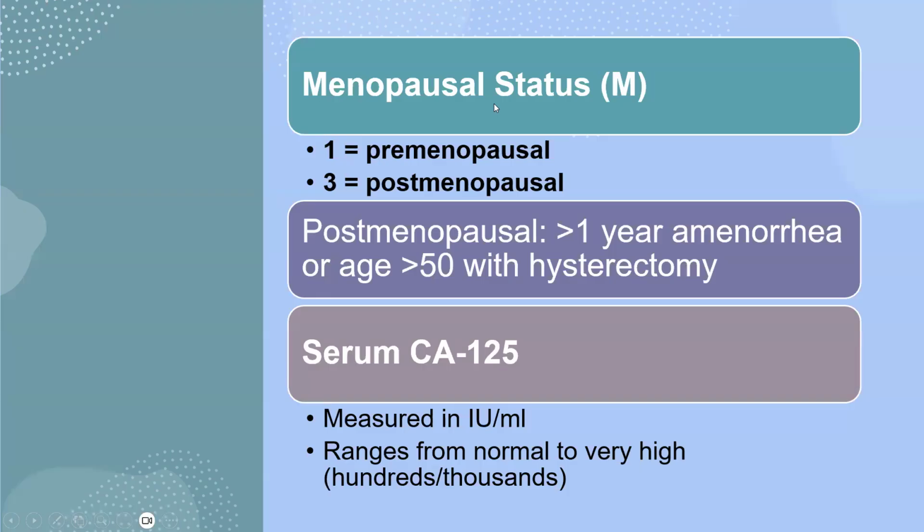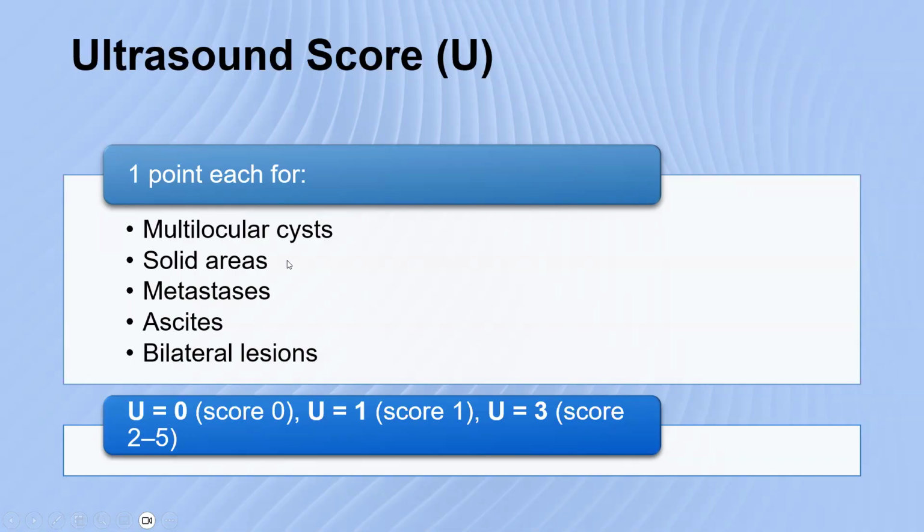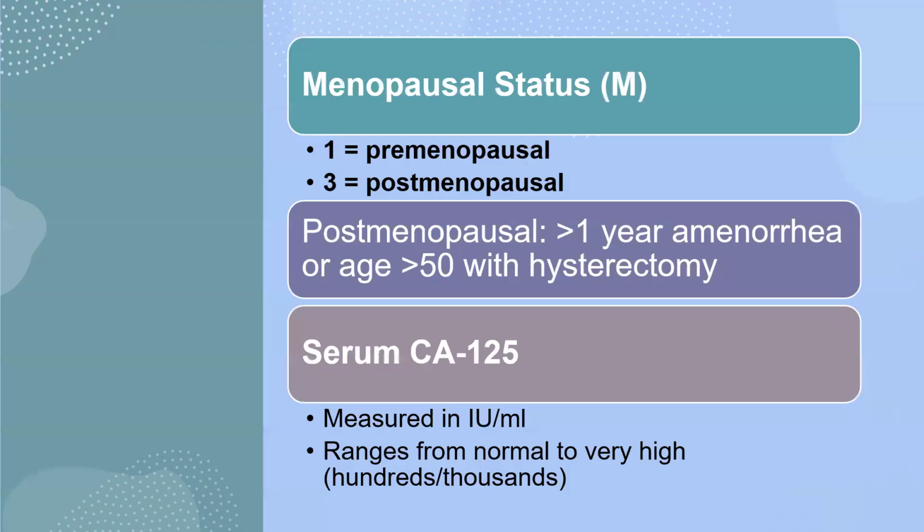And for menopausal status, 1 is for premenopausal and 3 is for postmenopausal. So if no feature is found in ultrasound, that cyst is not multilocular, there is no solid area, no metastasis, no bilateral lesion, it will be 0 and the whole RMI will become 0.